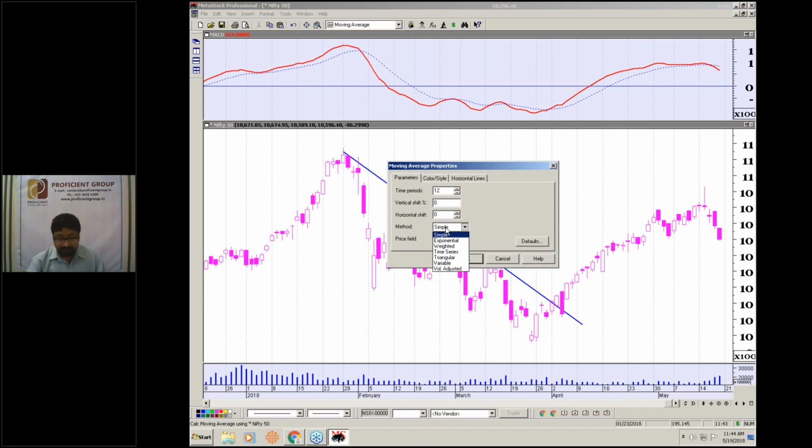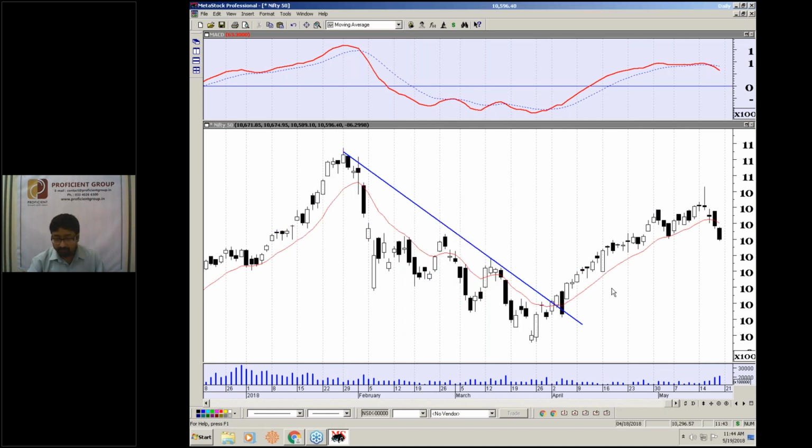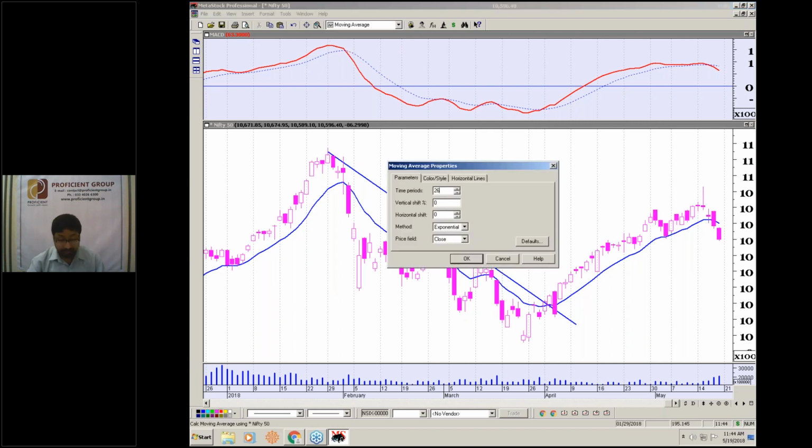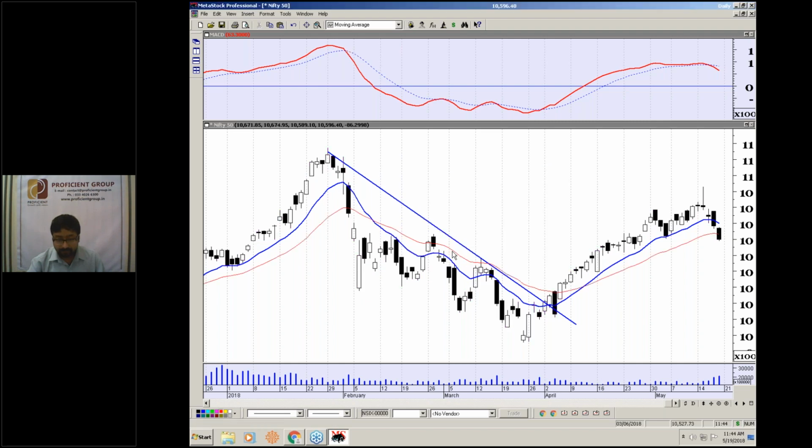One is 12 and the other is 26. The MACD is actually calculated as the difference between the 12 and the 26-day moving average.